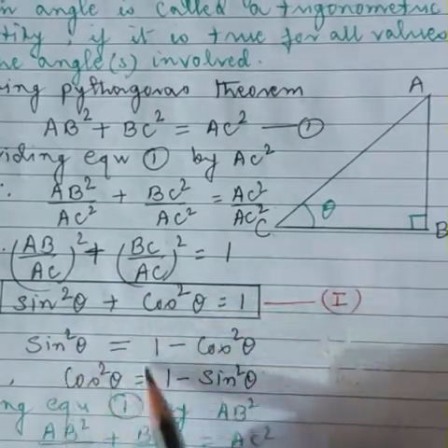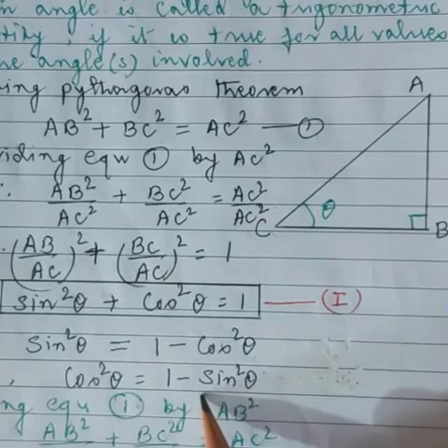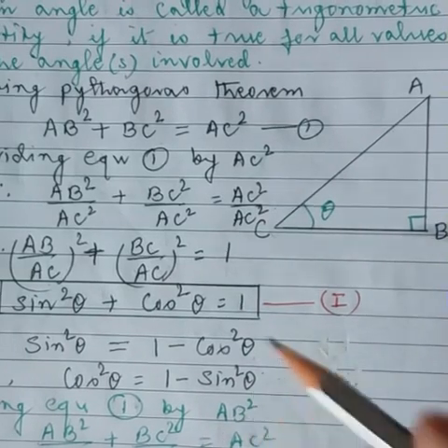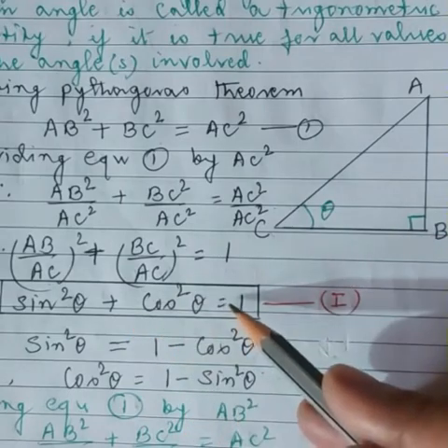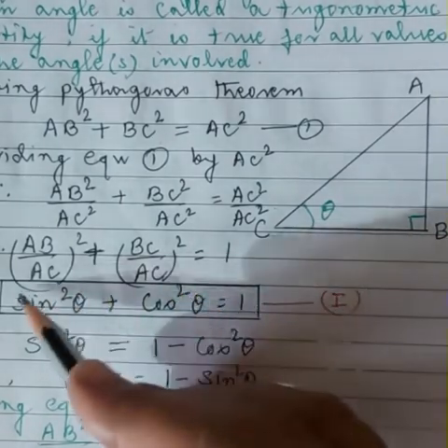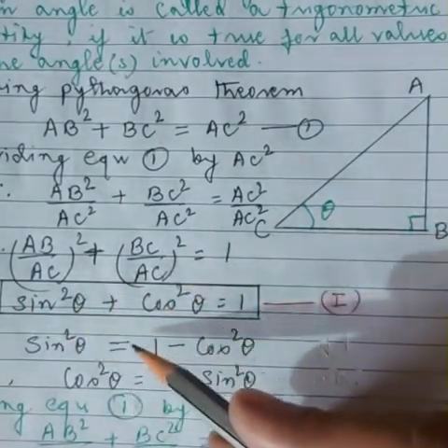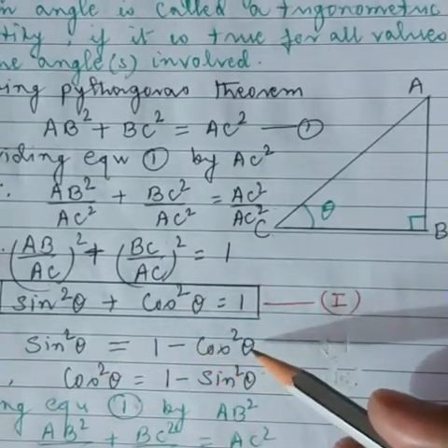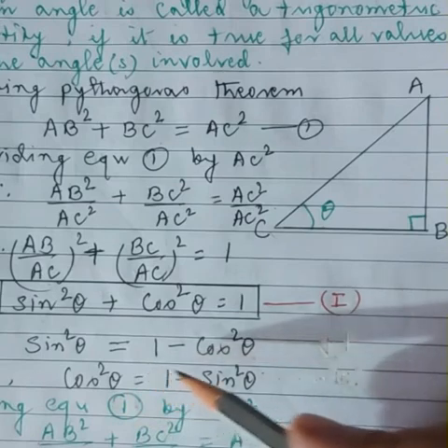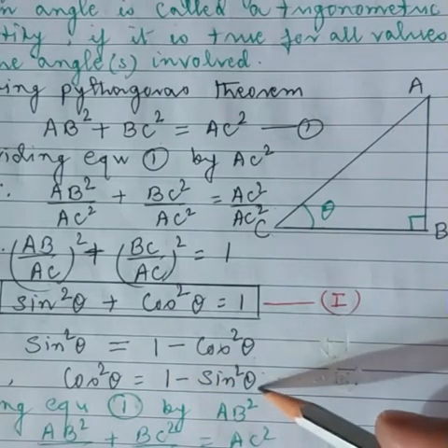So the basic identity is sin square theta plus cos square theta is equal to 1, and using this identity only we are finding sin square theta is equal to 1 minus cos square theta, and cos square theta is equal to 1 minus sin square theta.